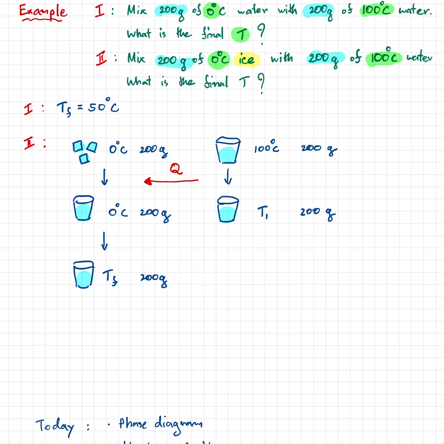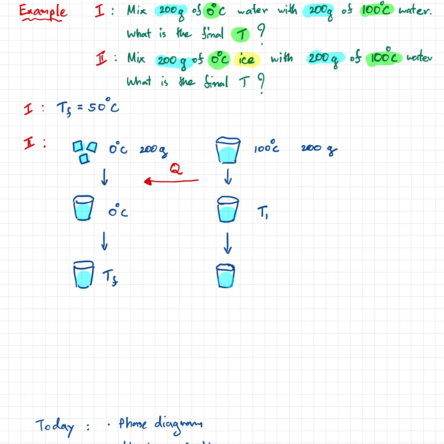So actually, I don't need to keep writing the mass, right? So let's not do that because we don't need to waste our space doing so. And then the right-hand side, T1, I don't know, maybe that's 80 degrees. We need to calculate it later. But eventually, it will also cool down even further.